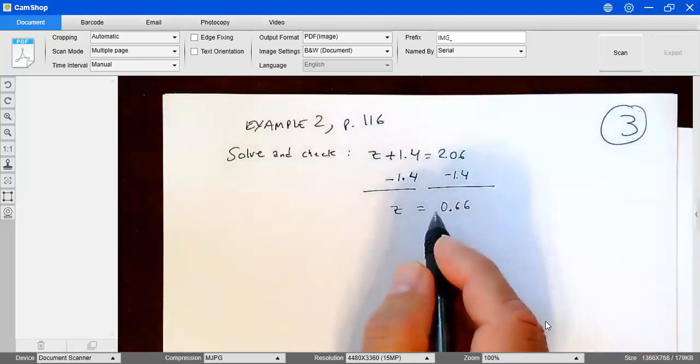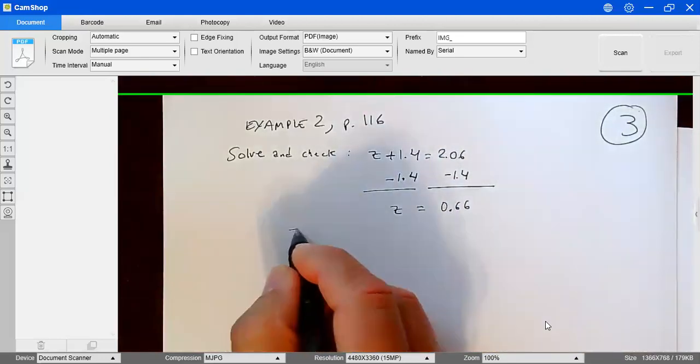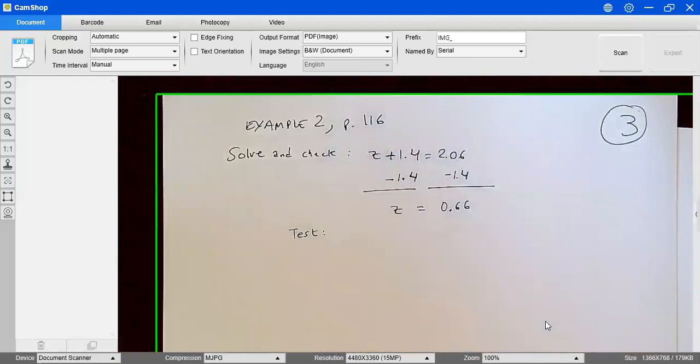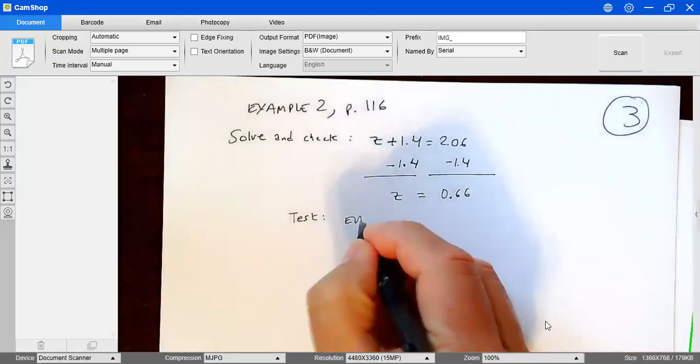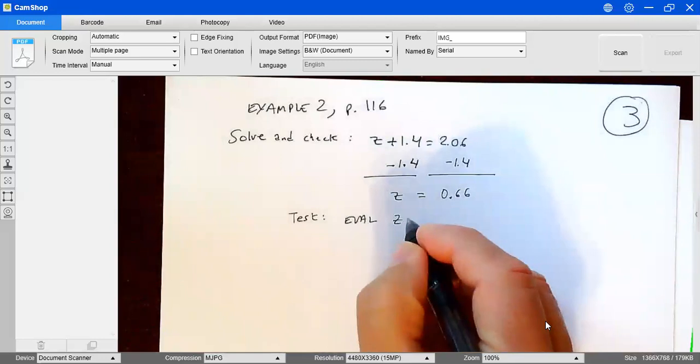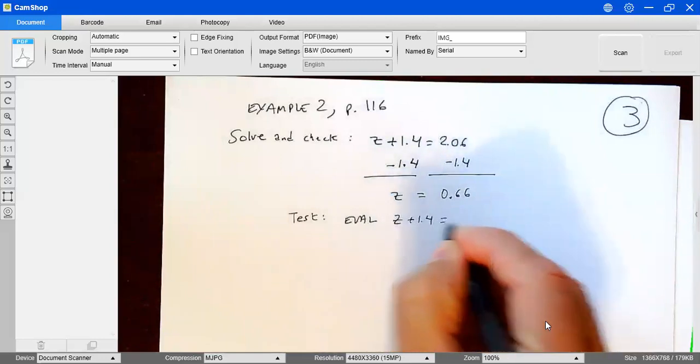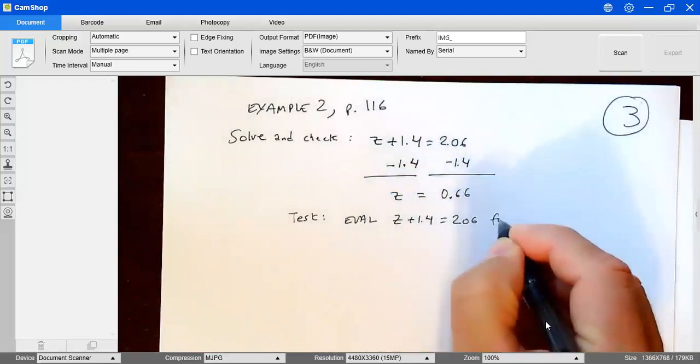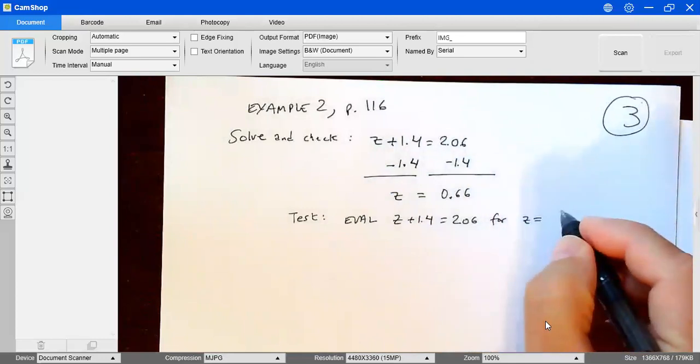So that's the solution. Now we need to test the solution. We're going to evaluate the original equation, z plus 1.4 equals 2.06, for the value of the variable that we found.